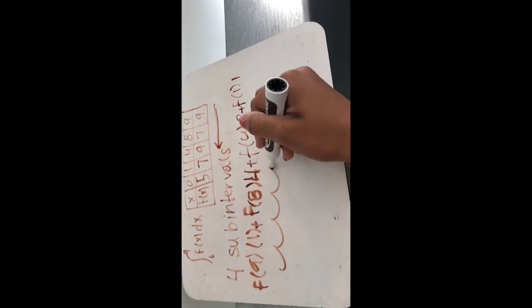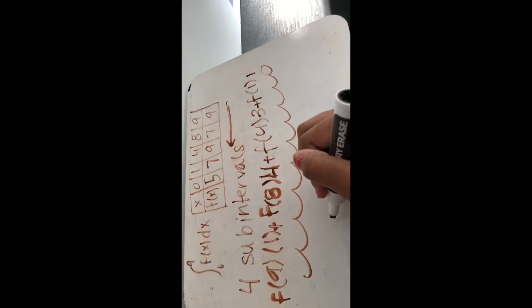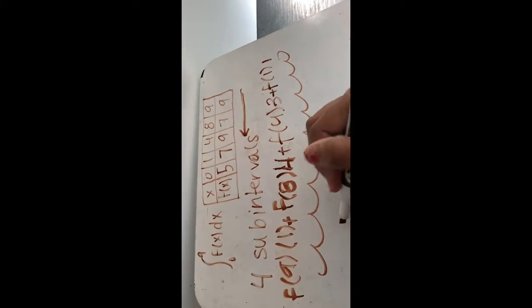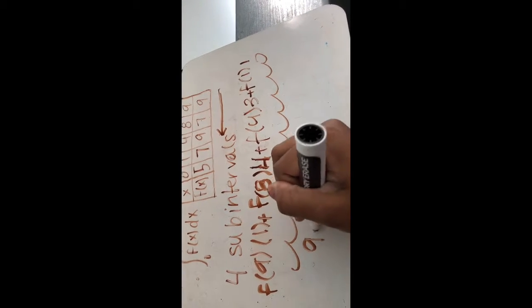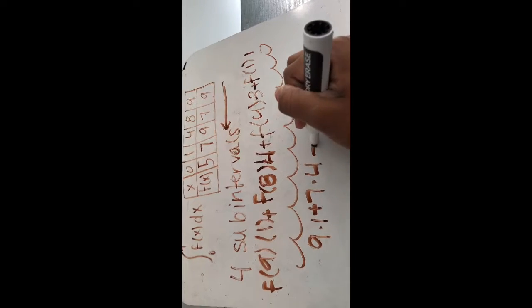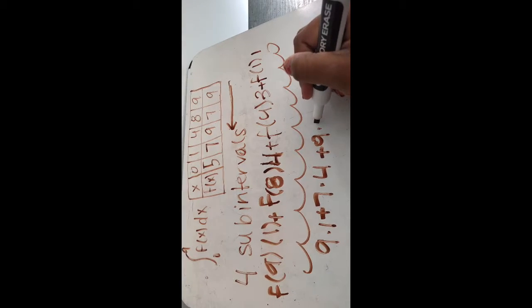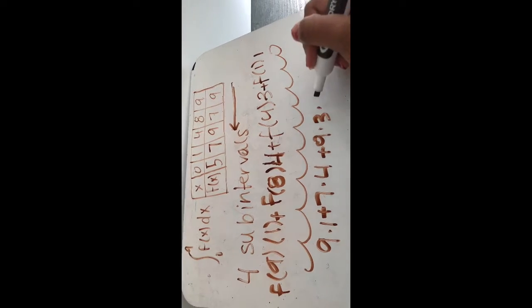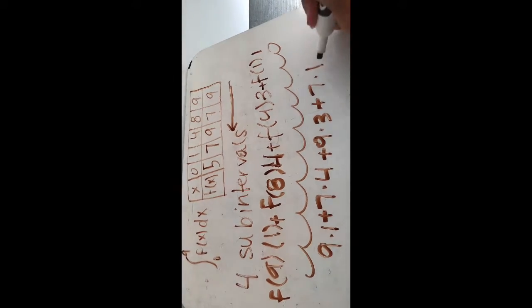equation written out. And now the rest is just like algebra, not even, it's just grade school math. F of 9 is 9 times 1 plus 7 times 4 plus 9 times 3 plus 7 times 1.